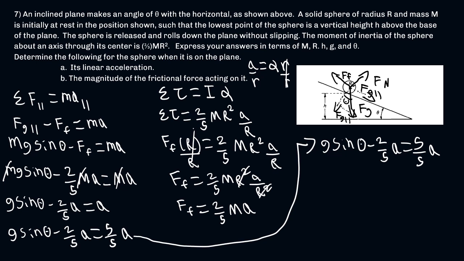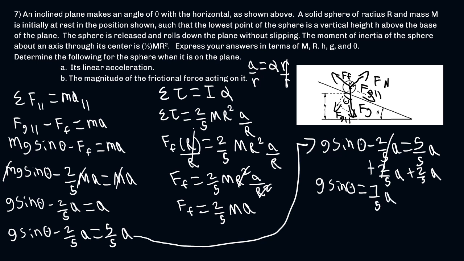In order to get this a by itself, first step, move this aside, so 2/5 a, that cancels, so I have g sine theta. On the other side, I have plus 2/5 a, so I should be having on this side 5 over 5, 5 plus 2 is 7 over 5 times my acceleration.